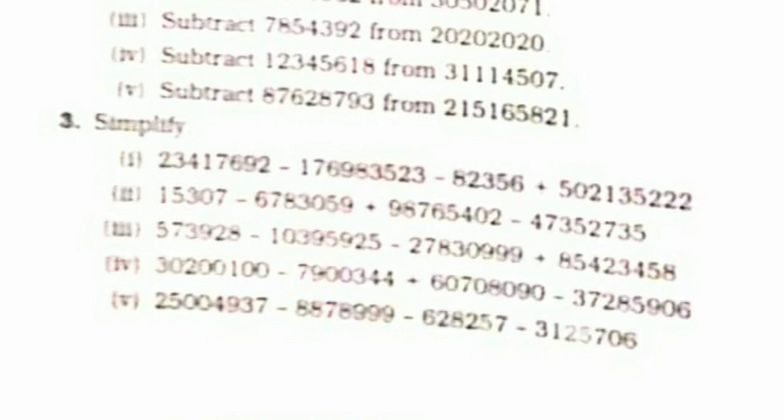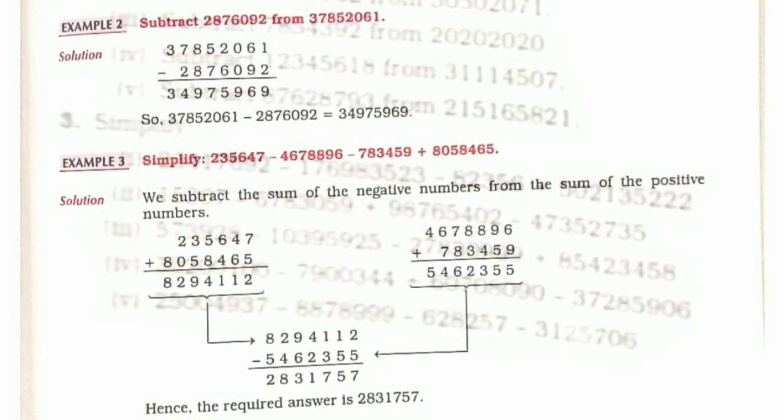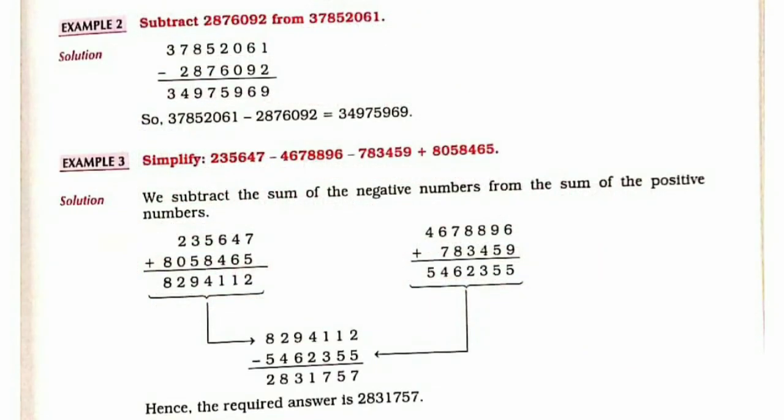Now see question number 3. Here simplification we have to do. Now what is given in this? All the positive and all the negative numbers are given together, and then we will solve that. So what we will do for this? See the example. Now see example number 3.